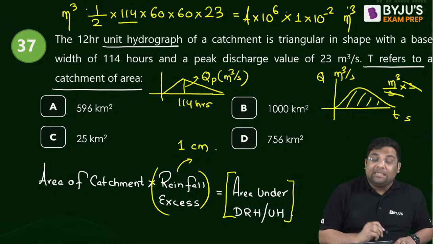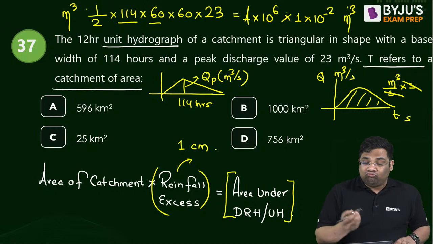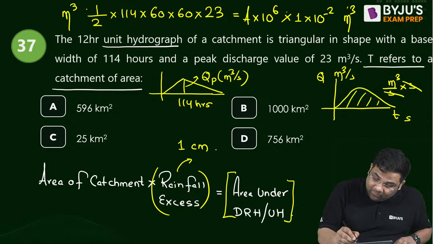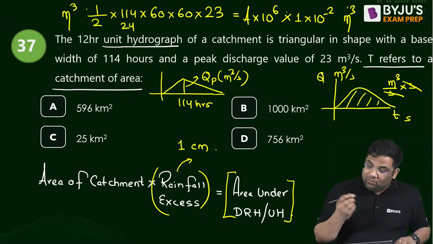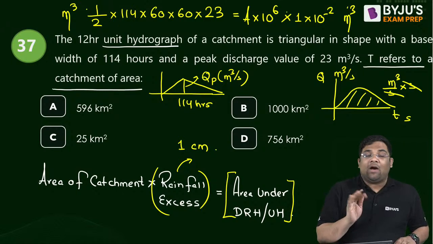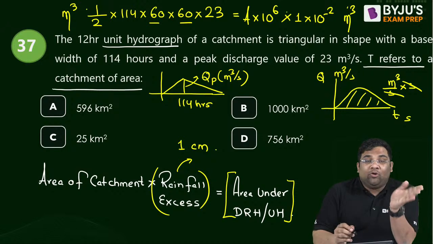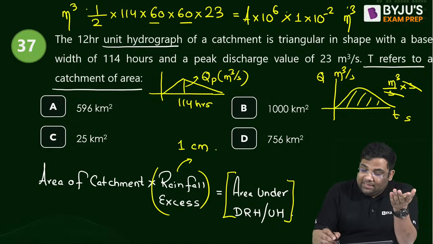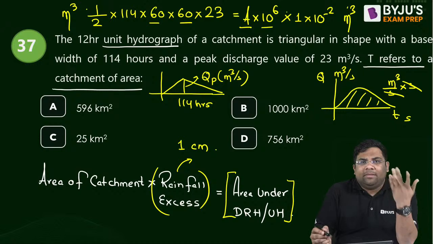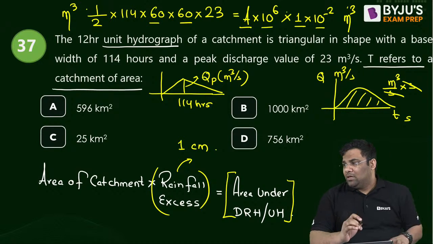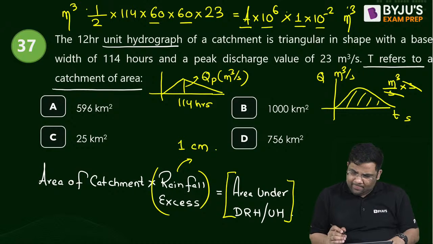You see, this was hours, so hours to minutes, minutes to seconds. So second into meter cube per second gives me meter cube, and this is kilometer square, 10 to the power 6 meter square, and then 1 centimeter 10 to the power minus 2 meter, so meter cube. So what's the answer to this? How much are you getting? Okay, 471.